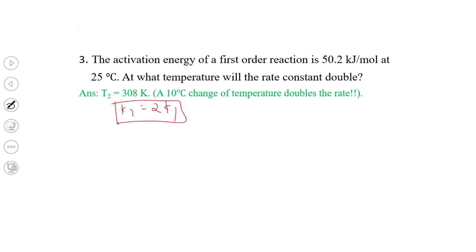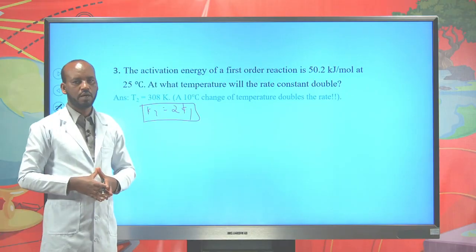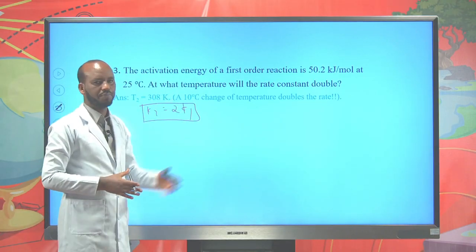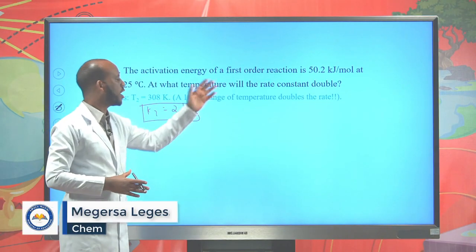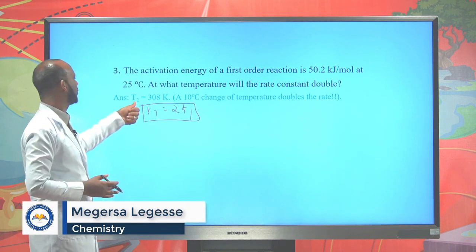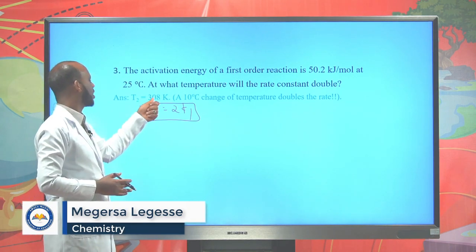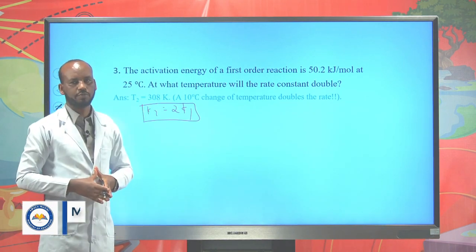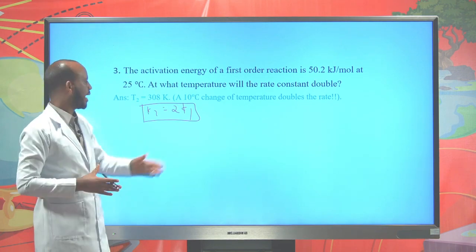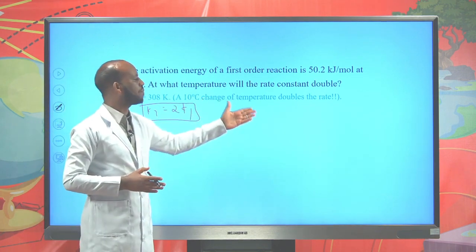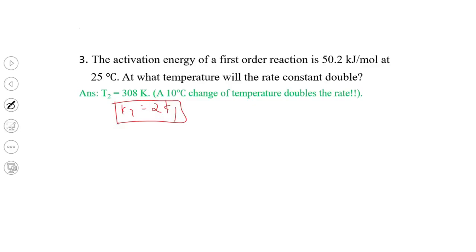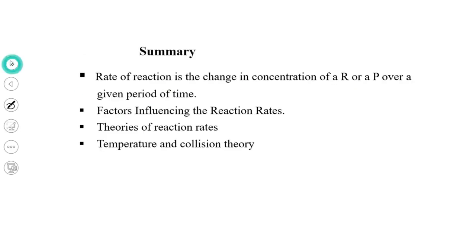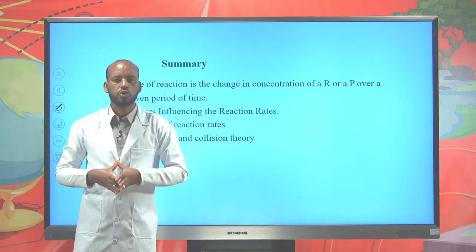Again, substituting the given value in the equation, you get T2, 308 Kelvin. From this, what do you understand? A 10 degrees centigrade change of temperature doubles the rate.